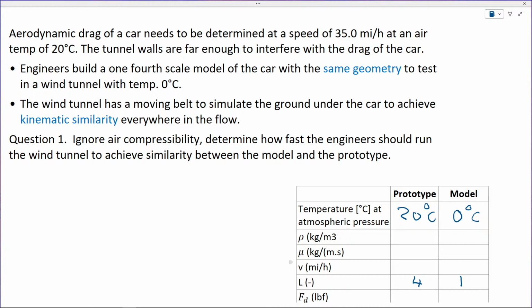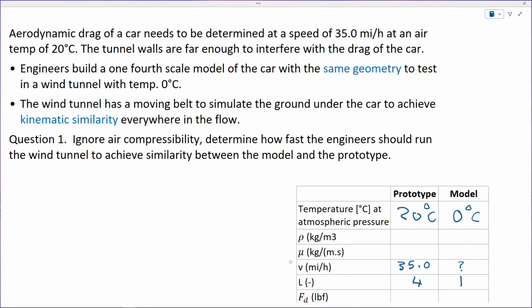The prototype velocity is 35.0, and we want to see what velocity we need to put here to scale with this one given this geometry. That's the kinematic scaling.